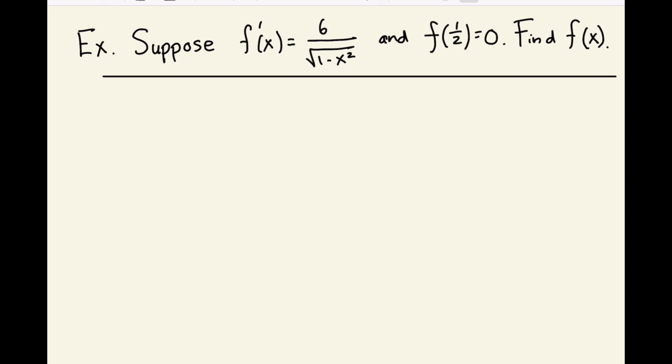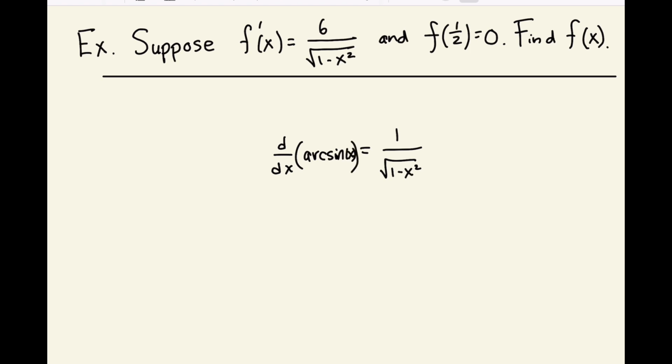So the first thing I notice is that it's not immediately obvious to me what function this is the derivative of. But if I were to look at my table of derivatives or my table of antiderivatives, I would recognize that 1 over root 1 minus x squared is actually equal to the derivative of the arcsine function.